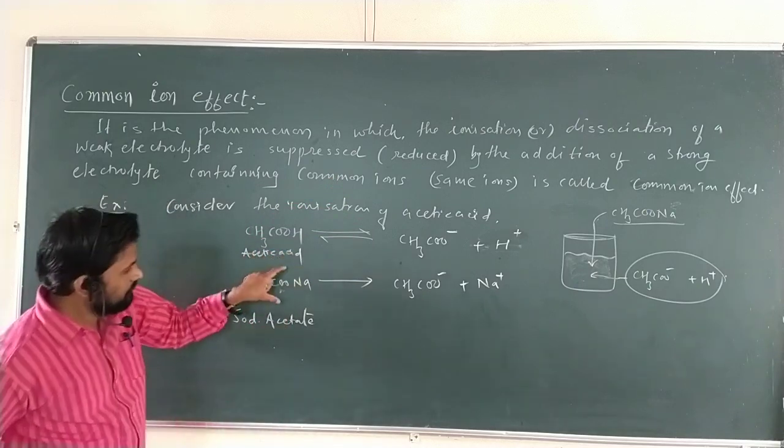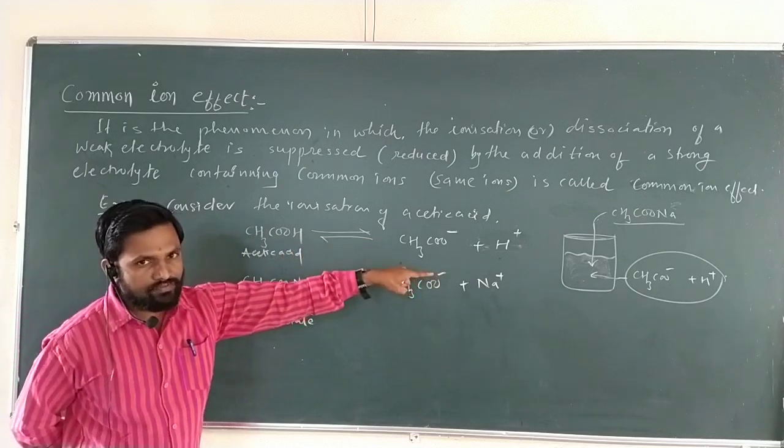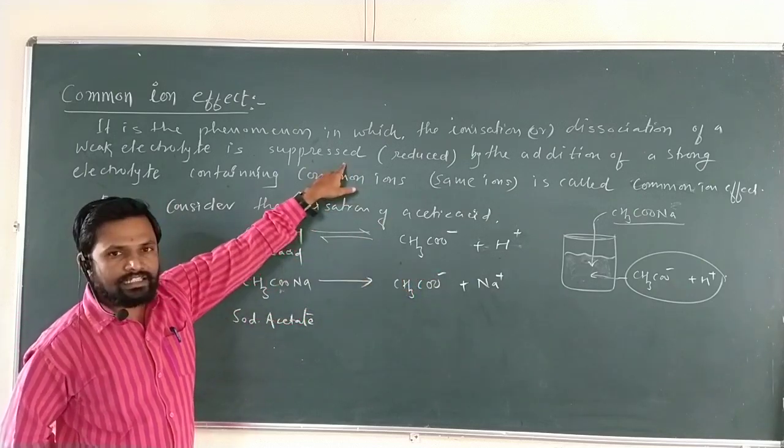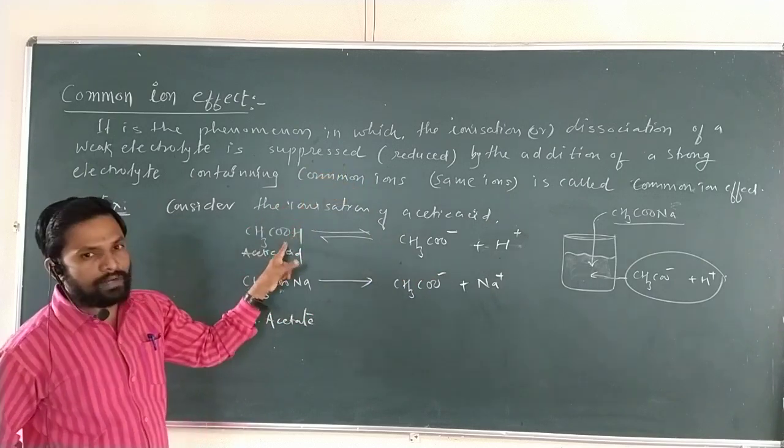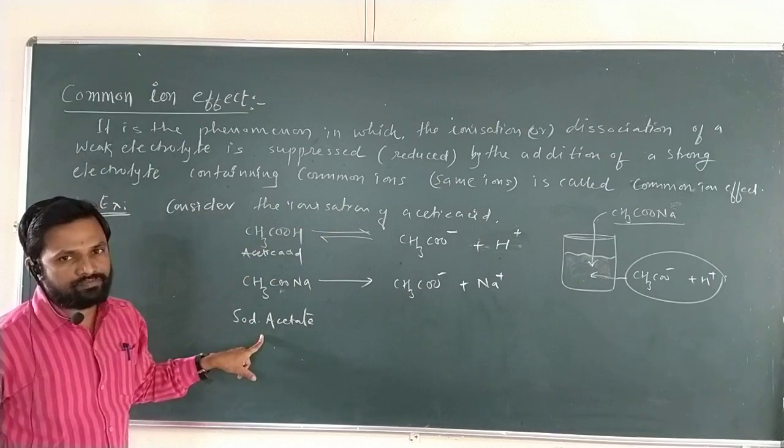Now what we can see here: acetic acid is a weak electrolyte. Into that solution we are going to decrease the ionization of acetic acid by the addition of one more electrolyte, that is nothing but sodium acetate.